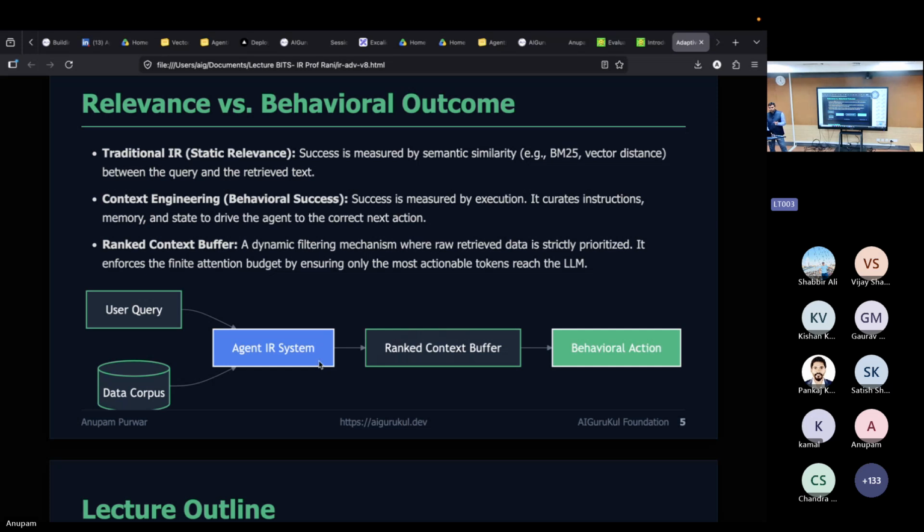So your information retrieval itself can now be supported by an AI agent. The AI agent will do ranking of the buffer context. It will look at the user query, it will look at the data corpus and identify what it should really store in the buffer and in which order it should store.